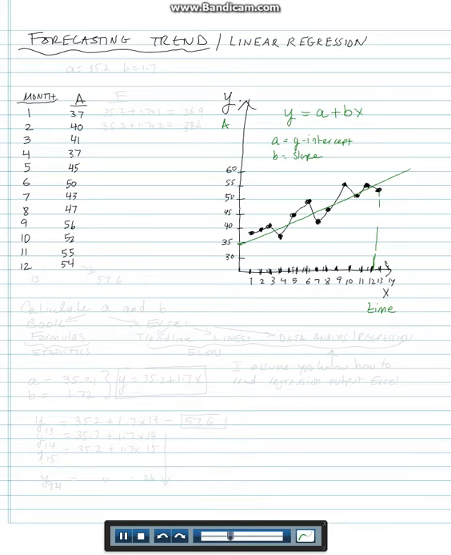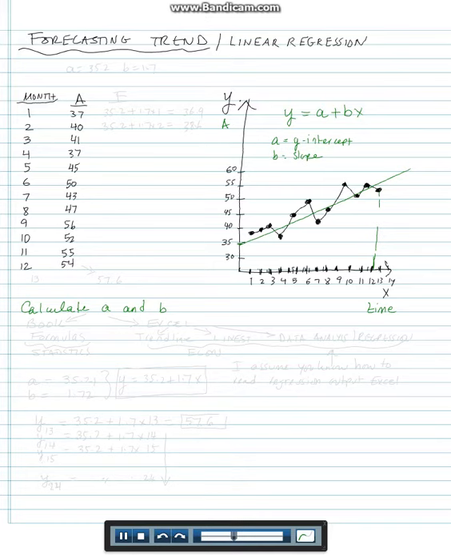So the first thing to do is to calculate a and b of this trend line. And those are calculated using least square error. That's why it's called the least square error regression line. So the least errors from the time series to the line will give us the best fitting line.